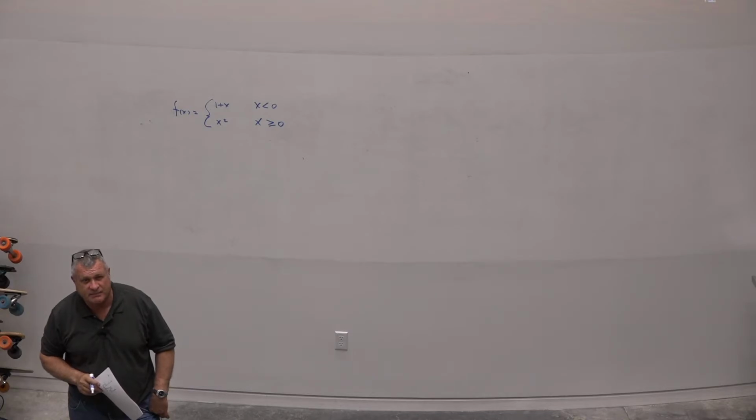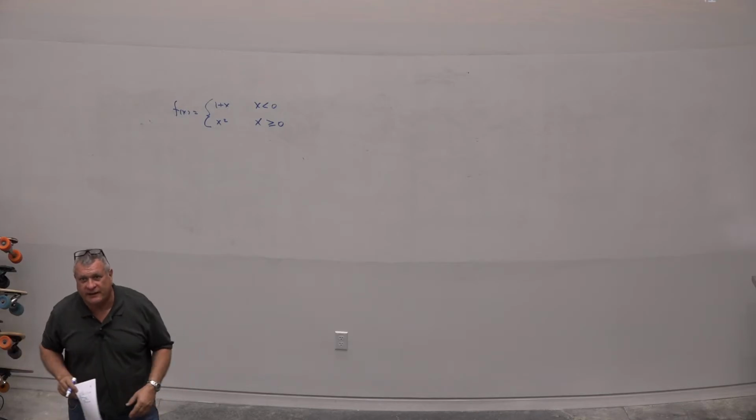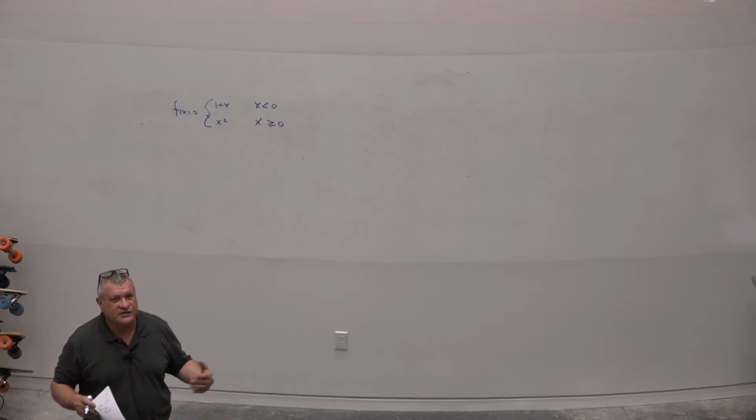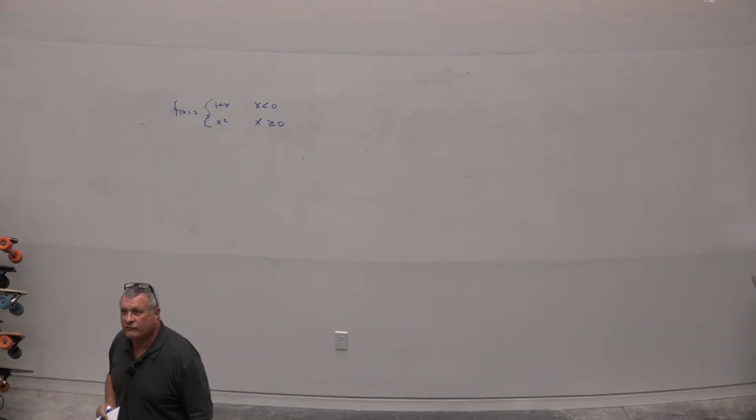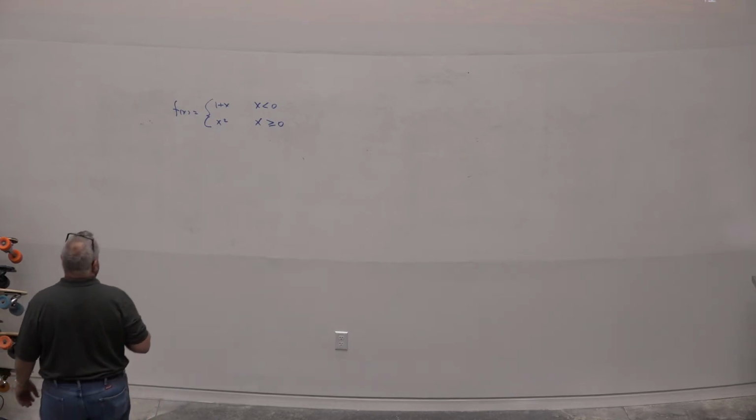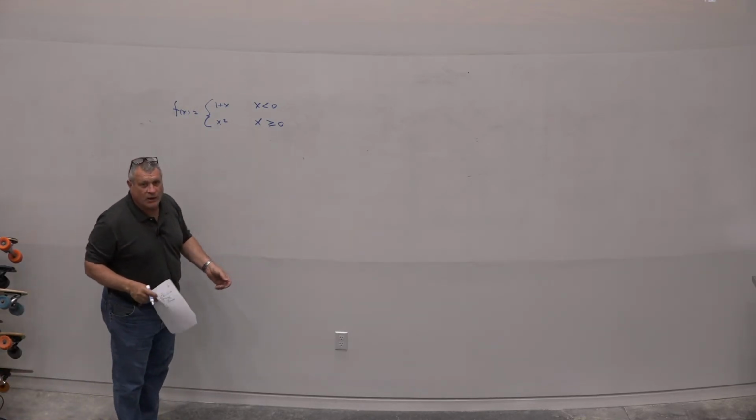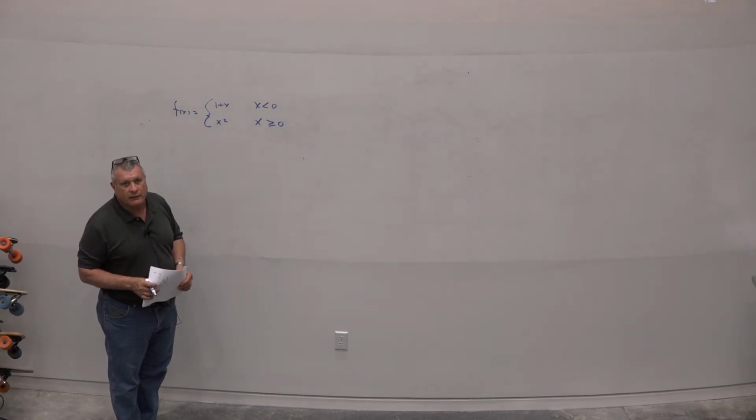On your test, maybe I don't do so much sketching. Why? Because you've got your fancy calculator. How boring. You put it in the calculator, it's too easy. But I might ask you some questions about this. But let's go through it as though we do want to sketch it, okay?